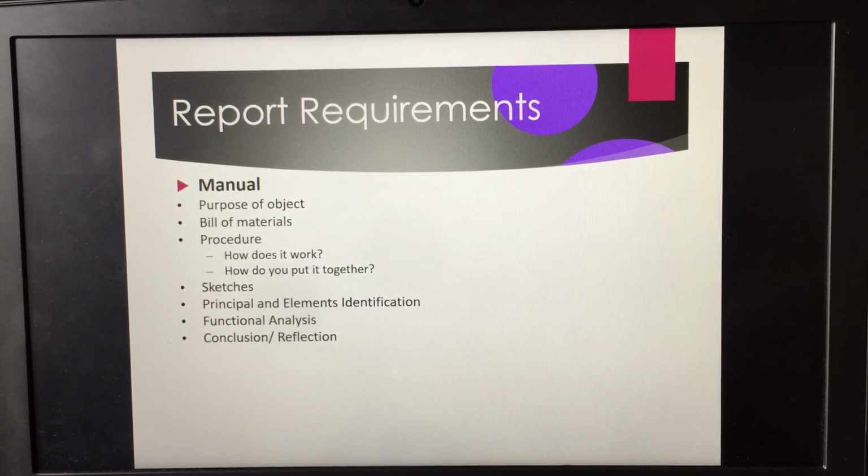The procedure, so how does it work? How do you put it back together? Sketches, a principle and elements identification chart, which we're going to go over in the next activity, 6.1, a functional analysis, which would be within 6.2, and then you're going to have a conclusion reflection on the project.